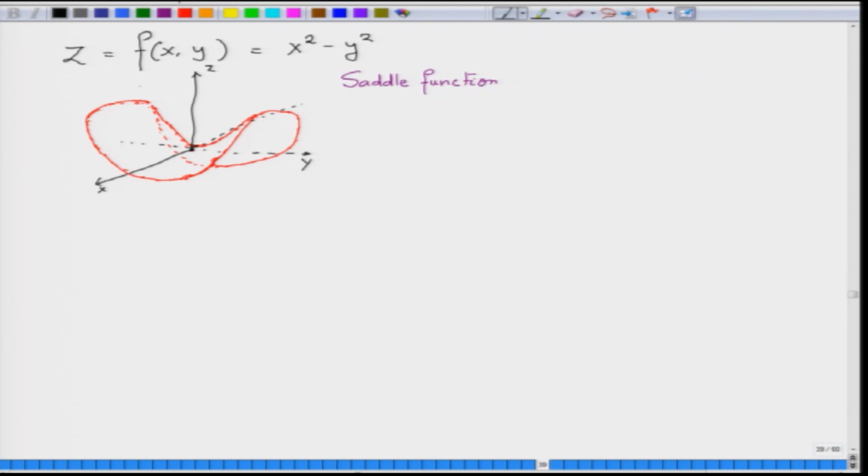Sorry, I should have x in this direction, so x should be here and y should be here.